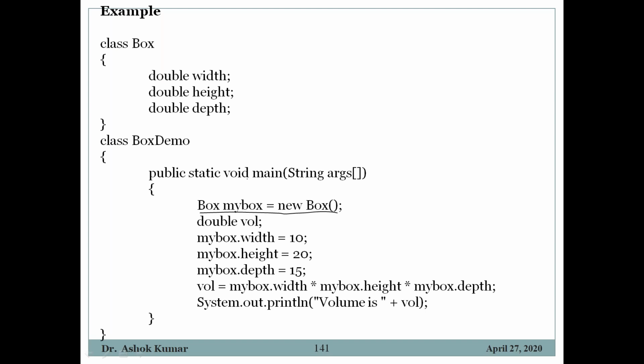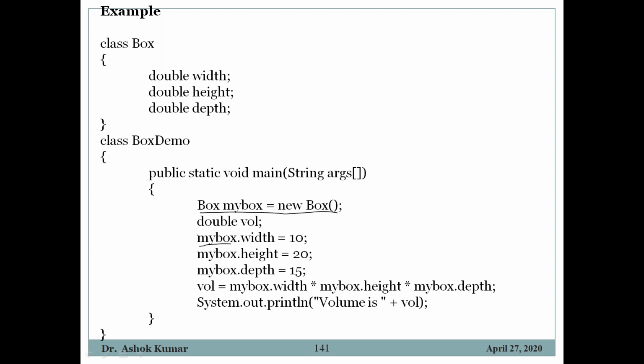In this example, we are finding the volume of the box. So first we are assigning values to the instance variables width, height, and depth. How we can assign that, we discussed in the previous slide as well. First we'll write the instance, that is my box, dot instance variable.